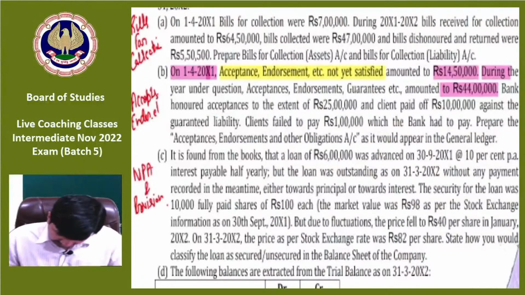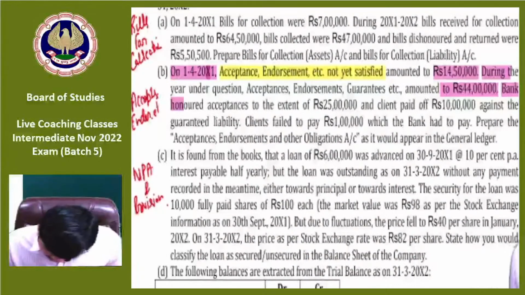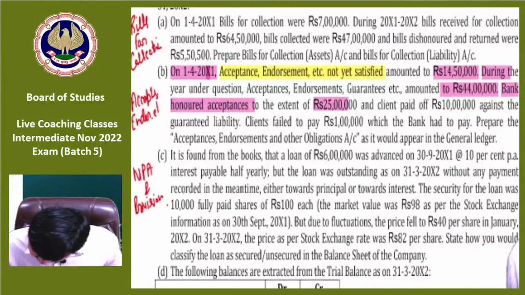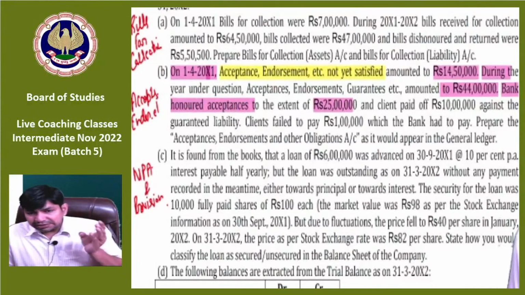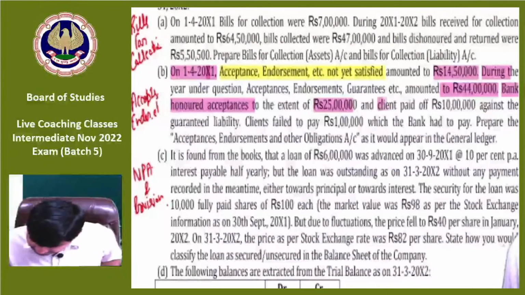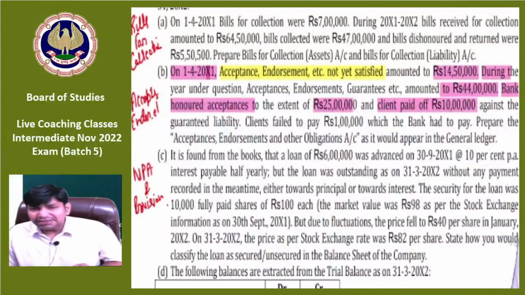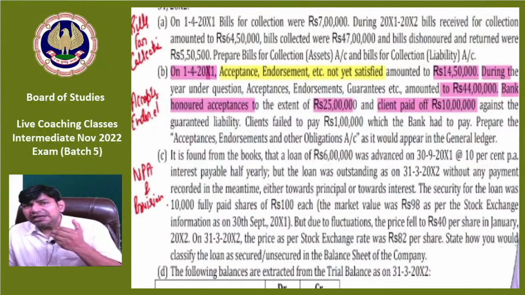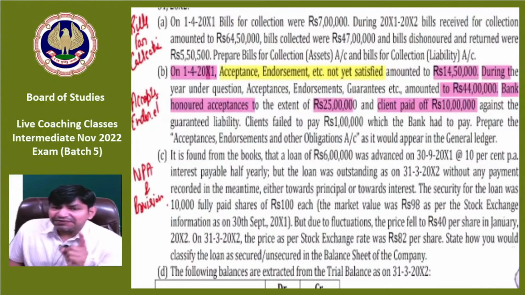Now beta, see, the bank honored acceptance to the extent of 25 lakh. The customer could not pay 25 and the bank has to pay, and the customer could pay only 10 lakh. It means now the contingency is over, meaning 35 has been settled.